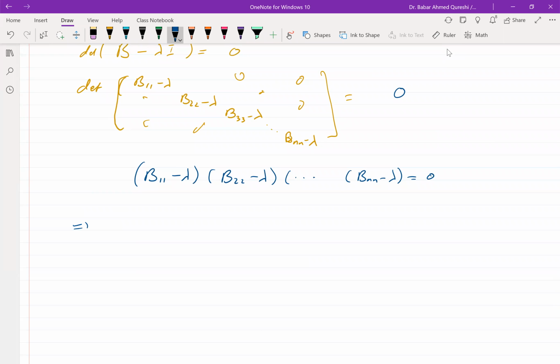That means eigenvalues are B11, this is the first one, the second one is B22, third one is B33, the roots of this polynomial.